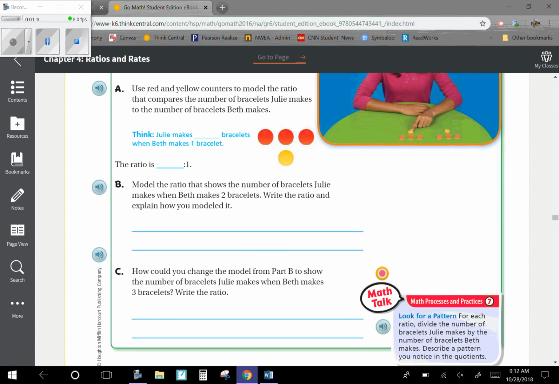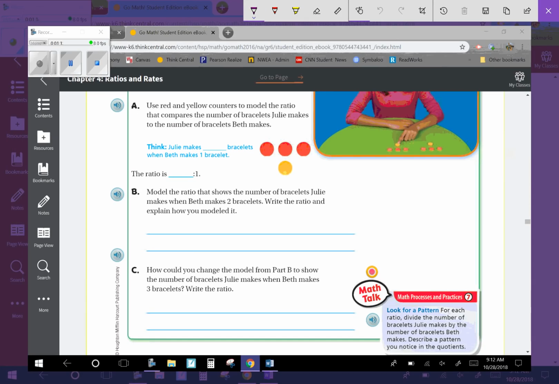So think, when Julie makes 3 bracelets, Beth makes 1. So the ratio is 3 to 1.